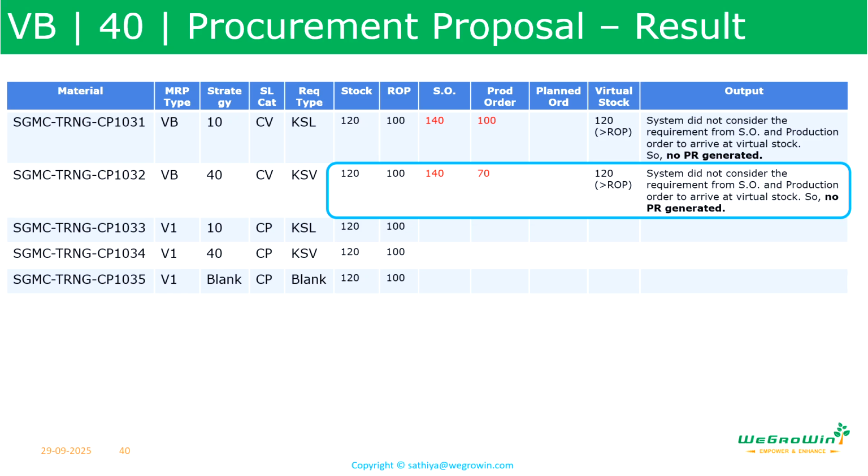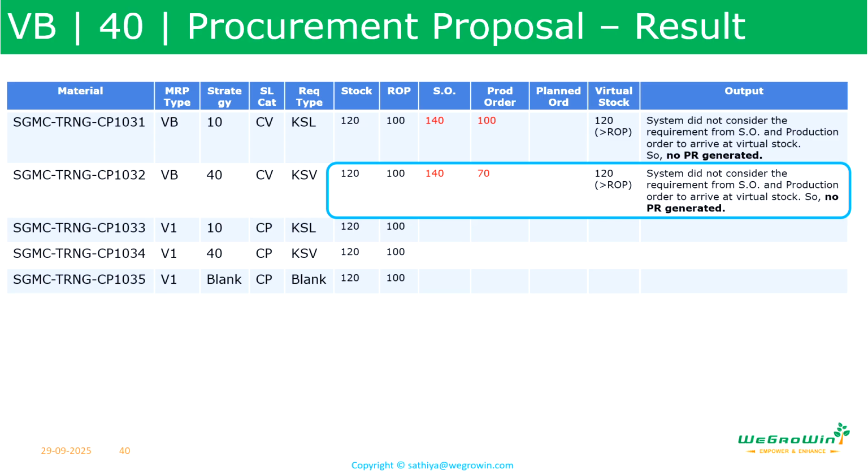For material 1032 with MRP type VB and strategy 40, stock is 120, ROP is 100. There is a sale order for 140, and a requirement from production order of 70. But system has not considered the requirement from sale order and production order. It considered only the stock, that is 120, which is more than the reorder point. So system has not created any purchase request.